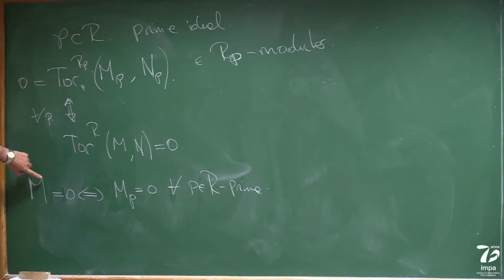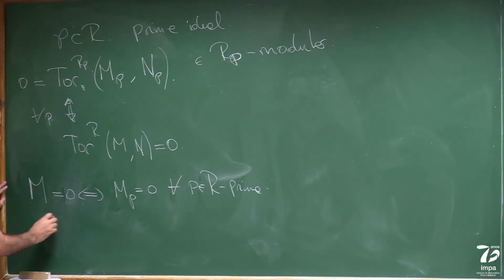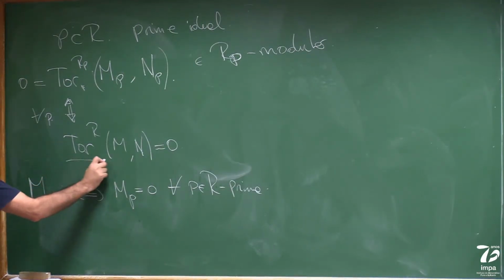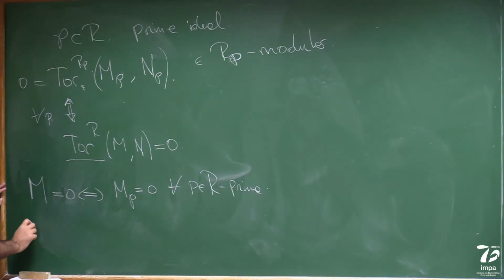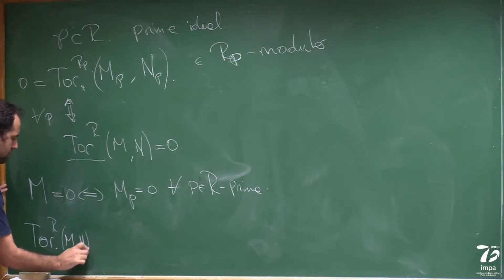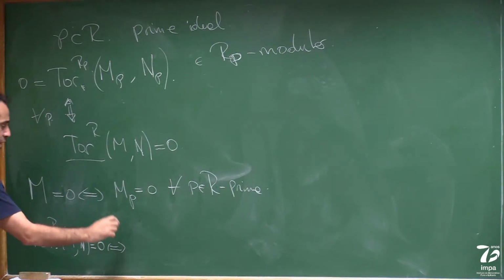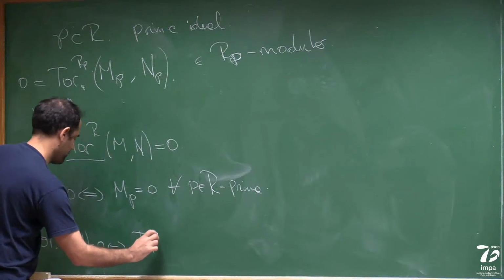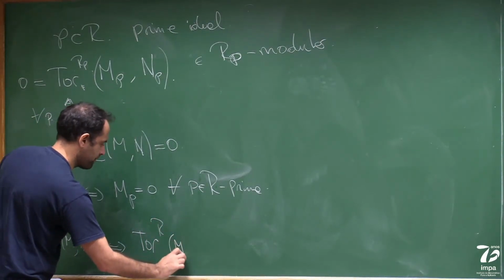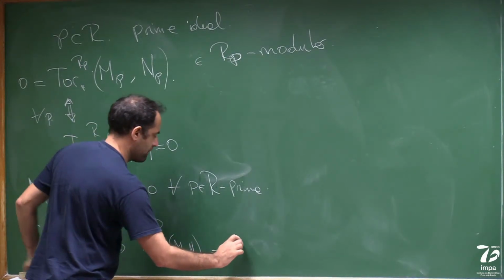So what you can do is grab the module which is given by Tor Mn. This statement for M being this module, as an R module, says that this is 0 if and only if the localization of this thing at an arbitrary prime is 0 for every prime.